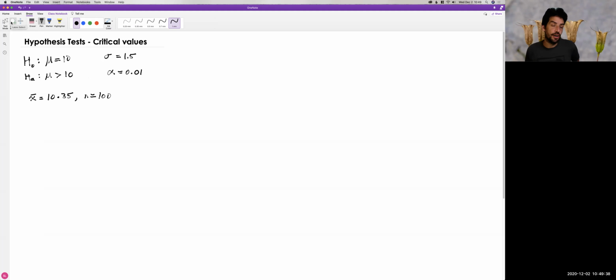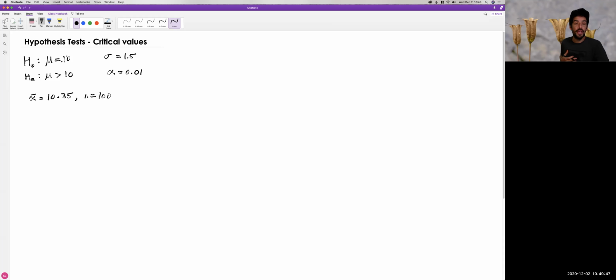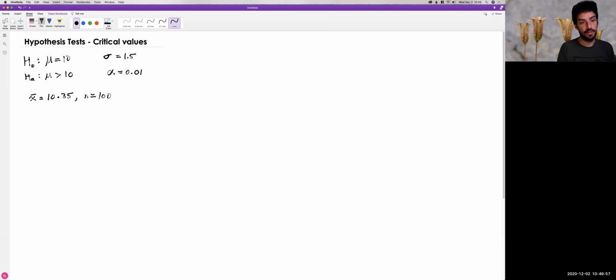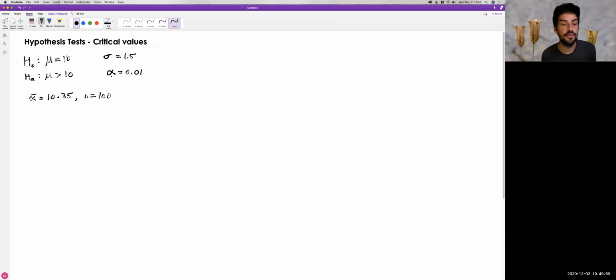So I've got a null hypothesis that there's a mean of 10, and an alternative hypothesis that the mean is greater than this. And this is coming from a population whose standard deviation is known to be 1.5. And we want to test this claim, this alternative hypothesis, with an alpha of 0.01.